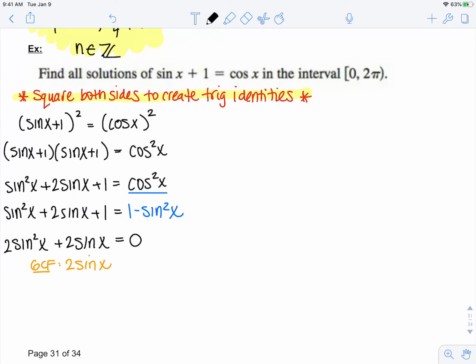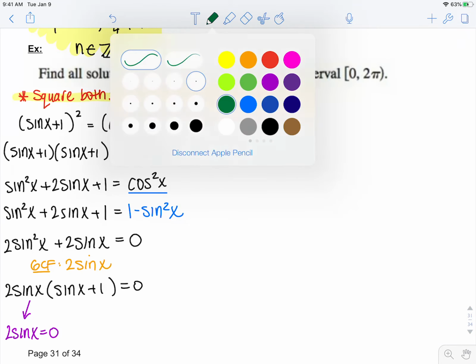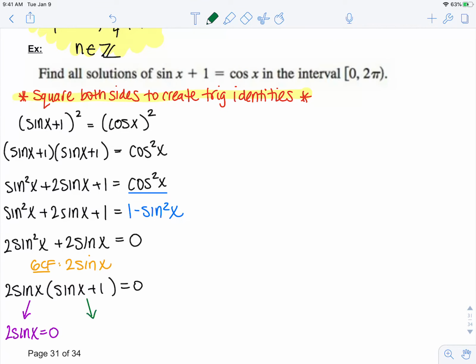If I factor this out, I have 2 sine x times sine x plus 1 equals 0. So the zero product property tells us that 2 sine x equals 0, or sine x plus 1 equals 0.